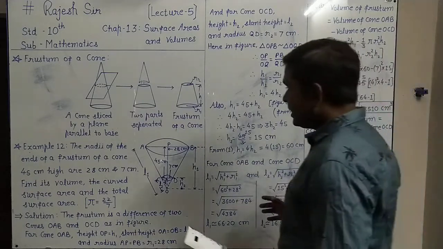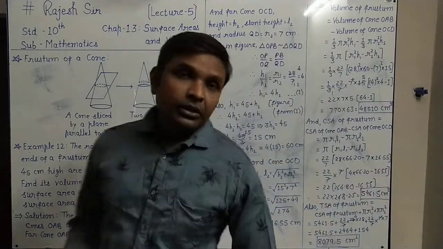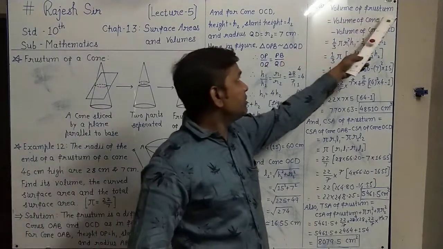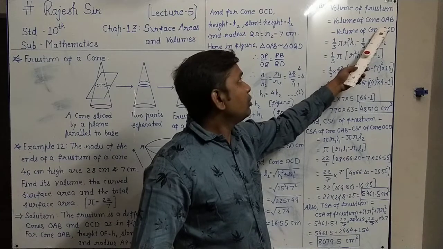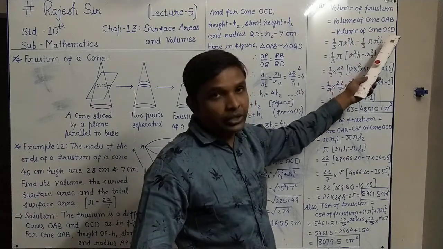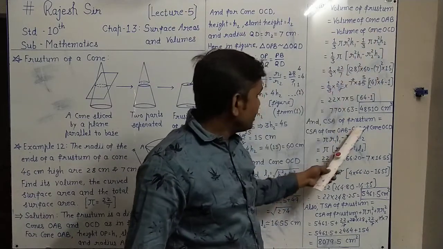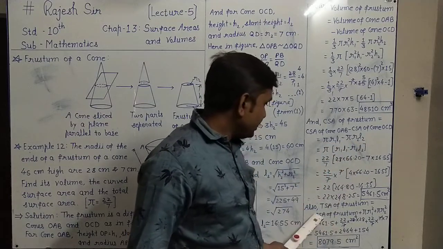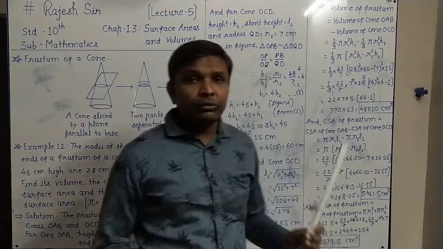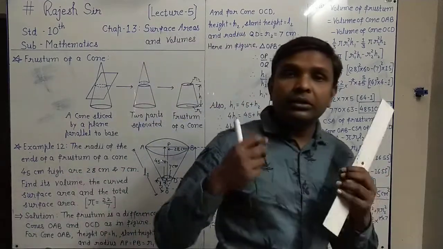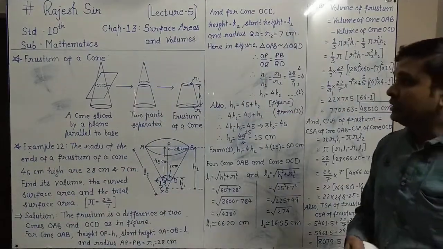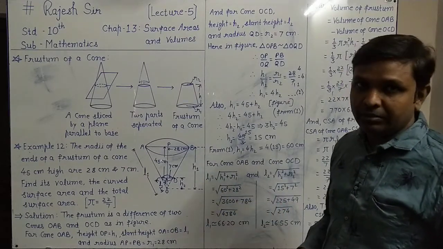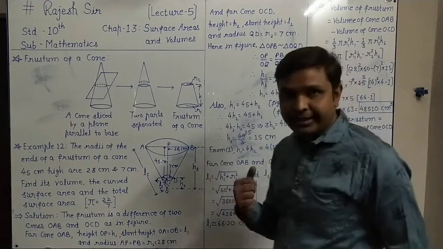And from this understanding, we will find directly the formula, as we know that here volume of frustum is volume of big cone OABN minus OCD, and CSA of frustum is this way, pi r1 L1 and pi r2 L2, and TSA is this way. From this, we will make the direct formula to find out volume, CSA and TSA of frustum. And that we will see in the next lecture.